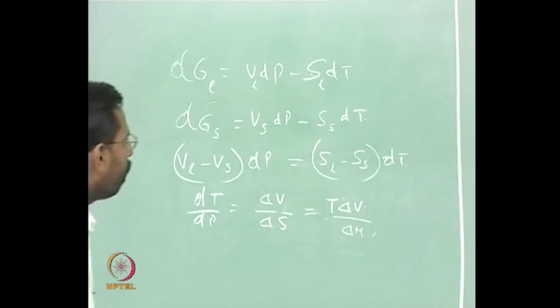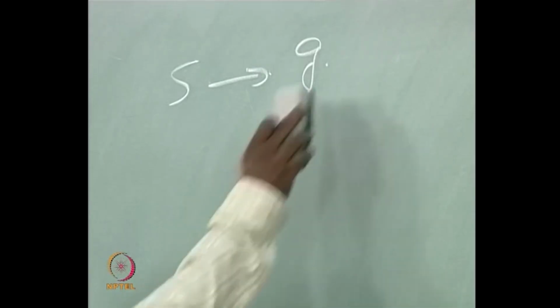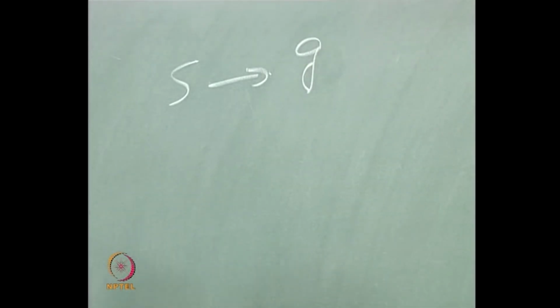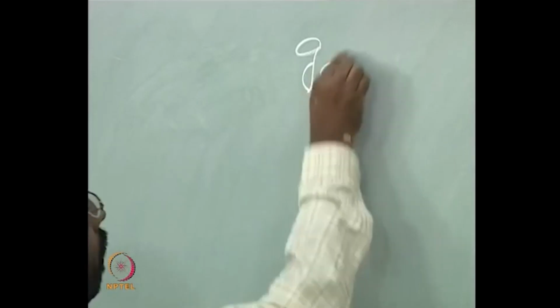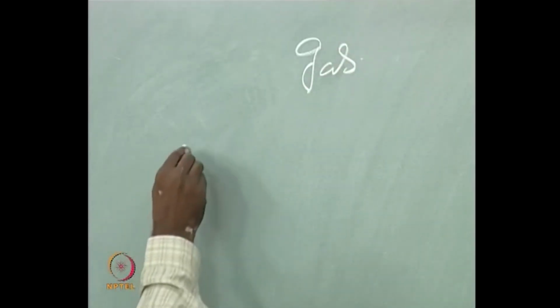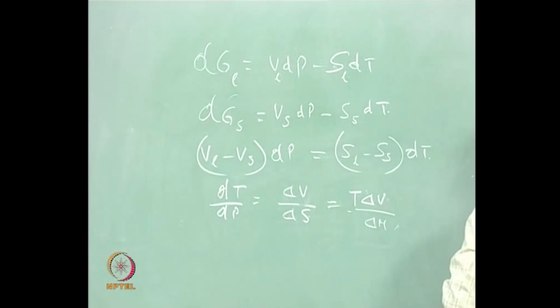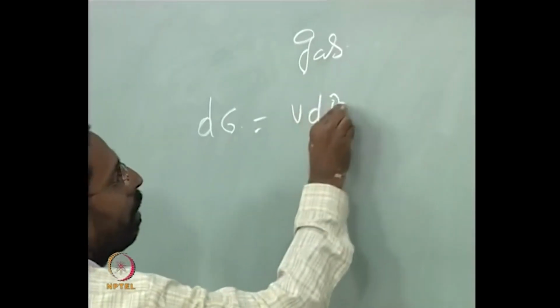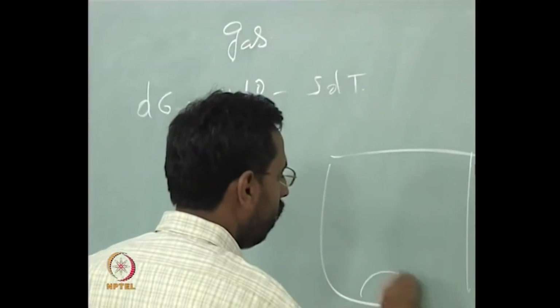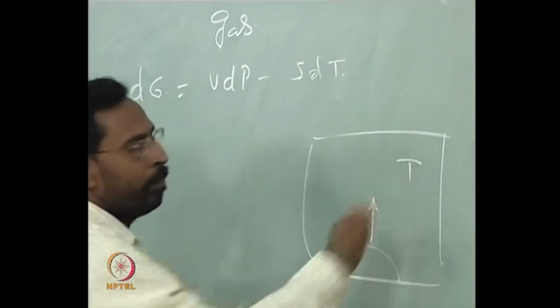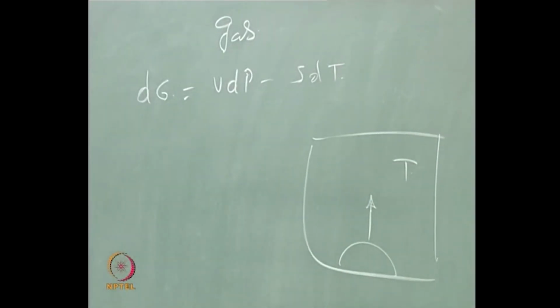If you take the gaseous part of it, we can write this expression for the gas, dG is VdP minus SdT, and if you imagine that there is a chamber where there is a solid which is sublimating at a constant temperature, if you assume that the temperature is constant, then in principle this term actually vanishes, isn't it.